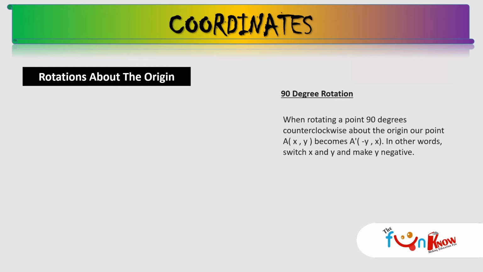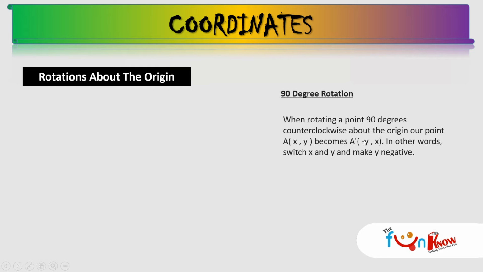That means switching of the positions of x and y happens, because x was first and now y is first, y was second and now x is second. So x and y switch positions and y becomes negative.